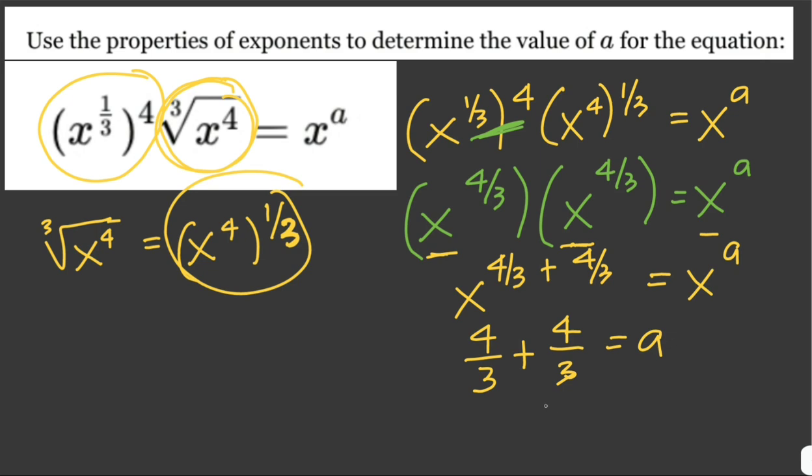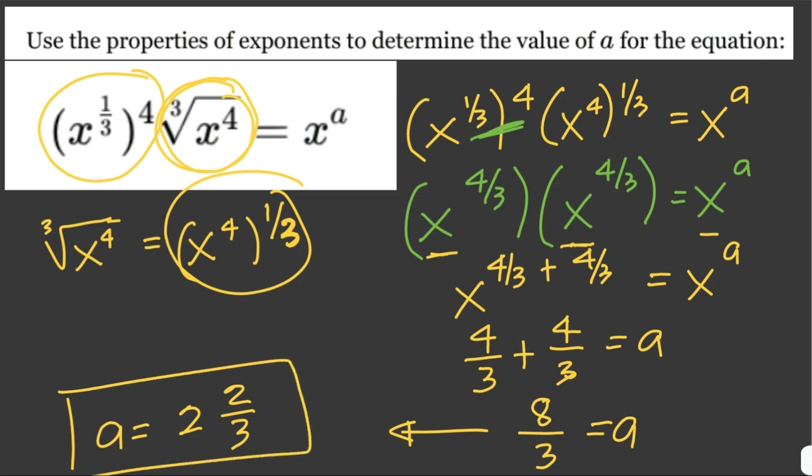So 4 plus 4 is 8. So this would become 8/3 equals a. So that is the value of a. Or we can write a as a mixed fraction. So this is just 2 and 2/3 or 8/3. So that is the value of a.